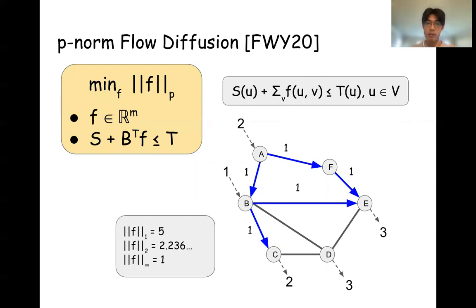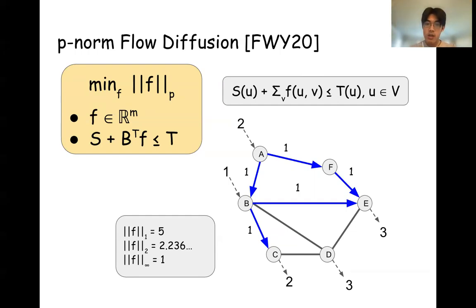We have some supplies on vertices A and B. And we want to spread this mass on vertices A and B to vertices with positive sink capacity, such as vertices C, D, and E. An example to spread these is drawn by these blue arcs, such as we spread 1 unit of supply from A through the path A, B to E, and spread 1 unit of mass on B to its neighbor C. So when viewing this distribution as a flow, we can measure its norms.